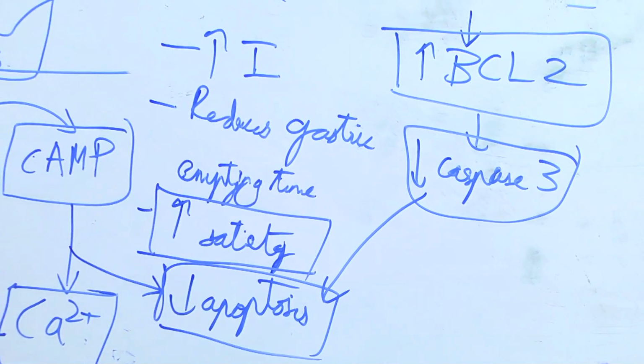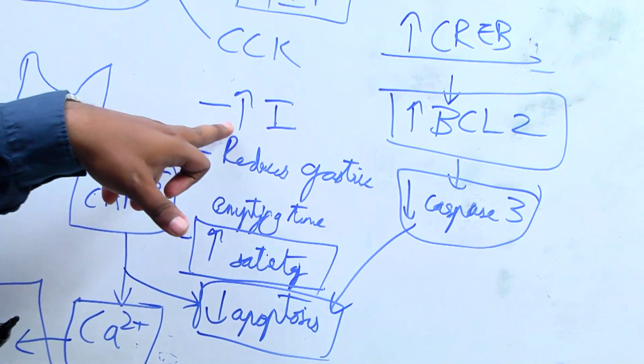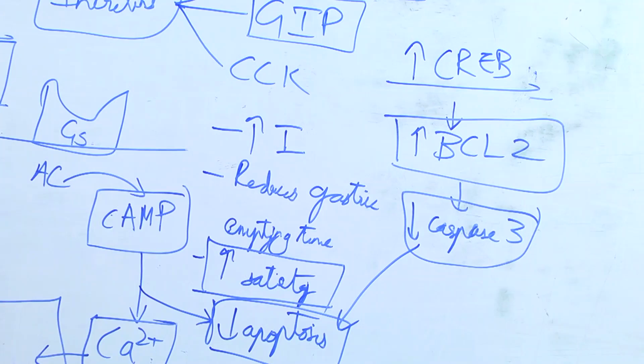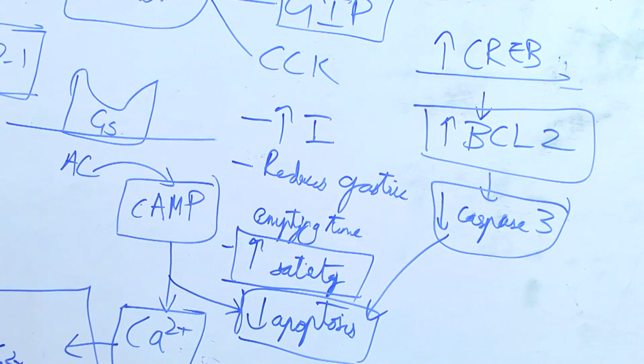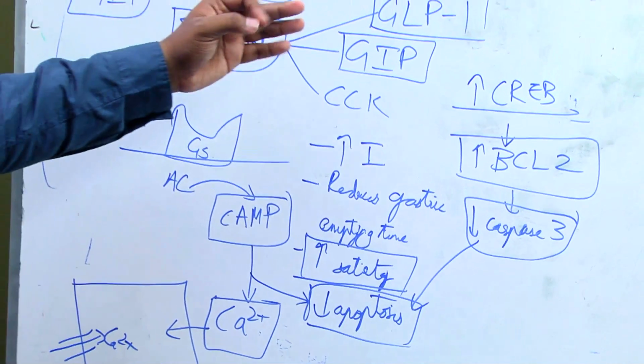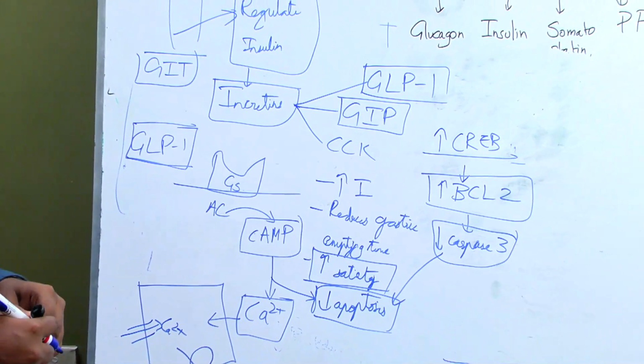So these are the 5 main functions. So first it will increase the insulin, it reduces the gastric emptying time, it increases satiety, it decreases apoptosis, and it also decreases the oxidative stress. So these are the functions of the GLP-1.